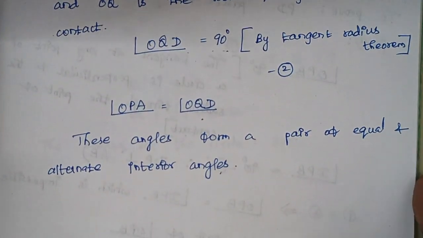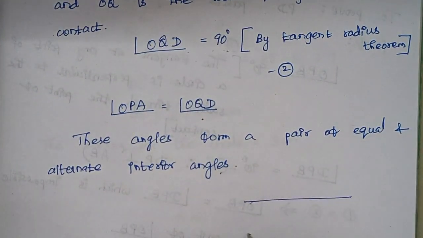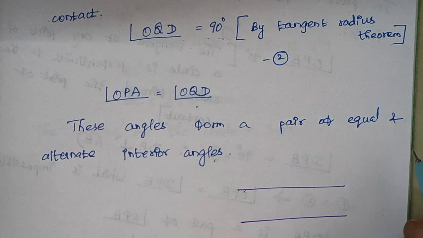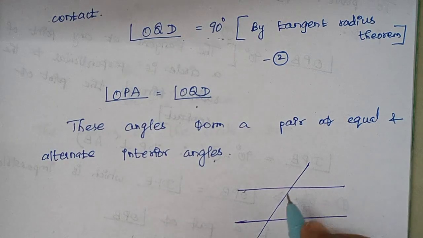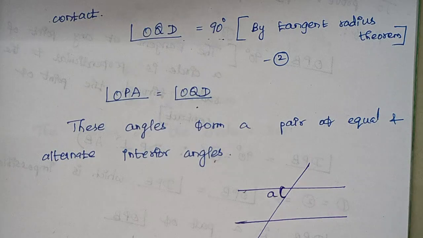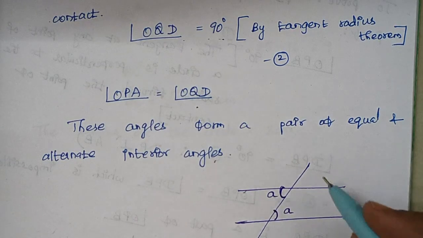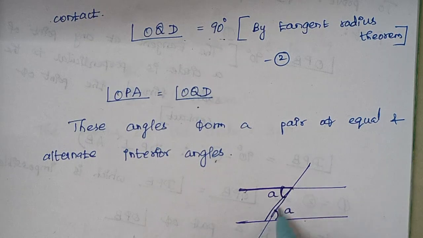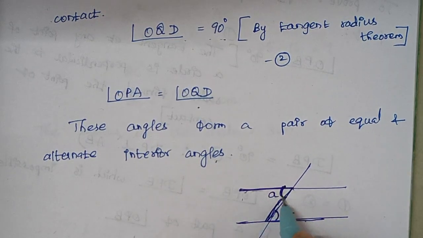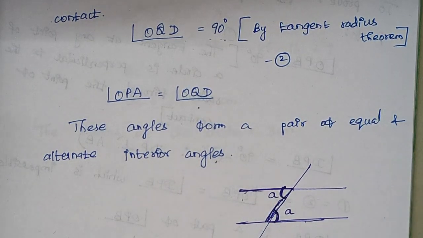Wait, let me explain. Here you will have two parallel lines and a line cutting them like this. Let the angle at this point be A. Automatically this angle will also be equal to A, because they are alternate interior angles, that is, in the form of a Z. In the form of Z, this angle will be equal to this angle.